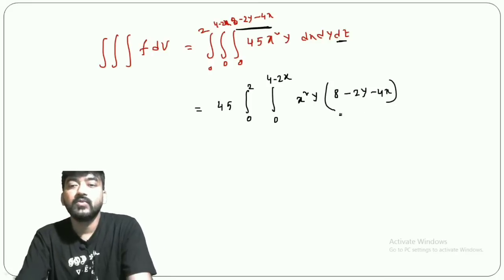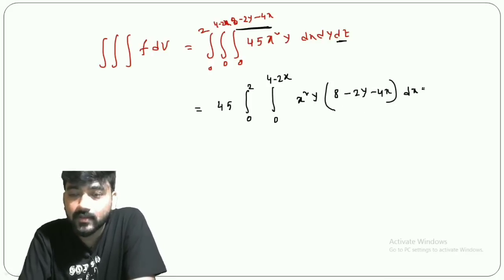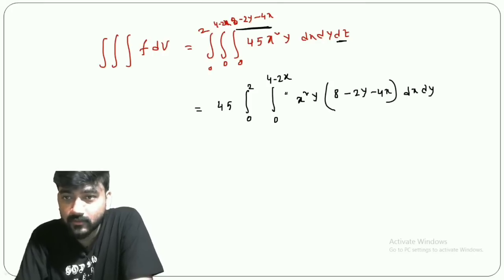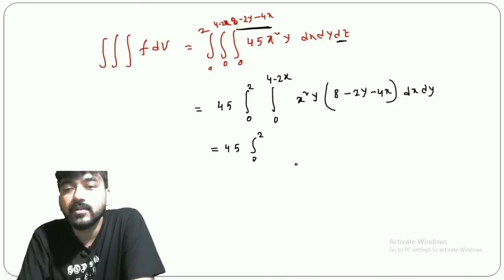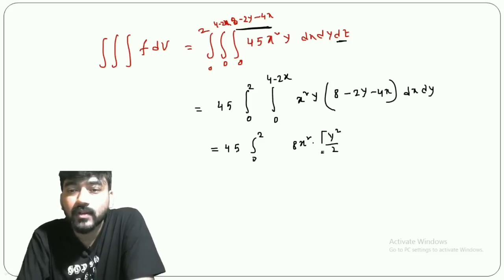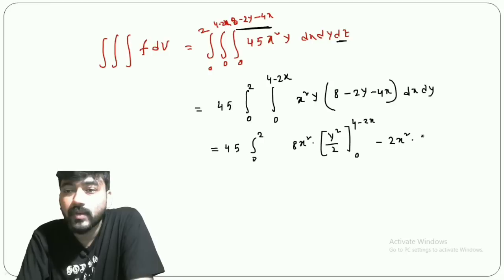Now you should do this integration with respect to x and y. So now let me integrate with respect to y and put this limit of y. It will be 45 times the integration from 0 to 2, and the first term will be 8x² times y²/2, with the limit from 0 to 4 − 2x. Similarly, the next part will be −2x² times y³/3, with limit 0 to 4 − 2x.